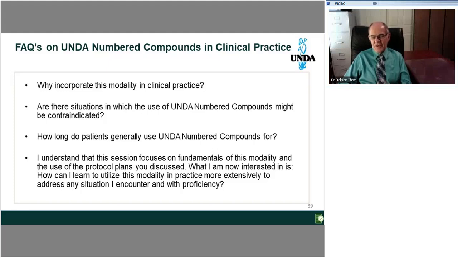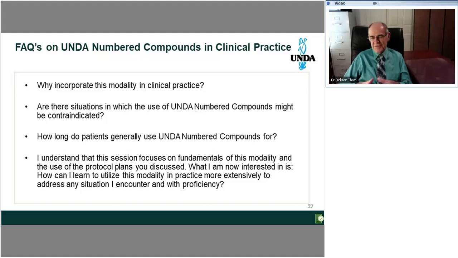They respond in a way that many times they are even surprised that after years, in some cases, of being treated by a whole variety of different types of therapies, they haven't really responded in a positive way. So the UNDA numbers, as a result of that, make the incorporation into your clinical practice and your life so much easier.